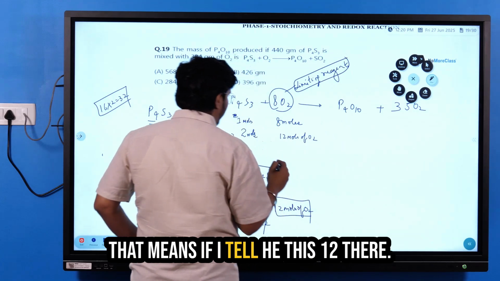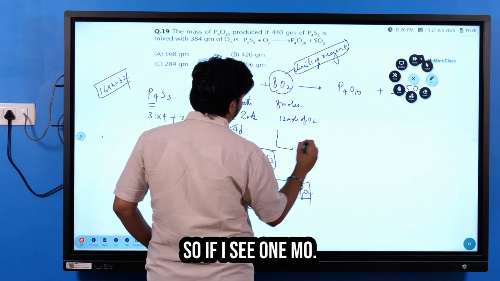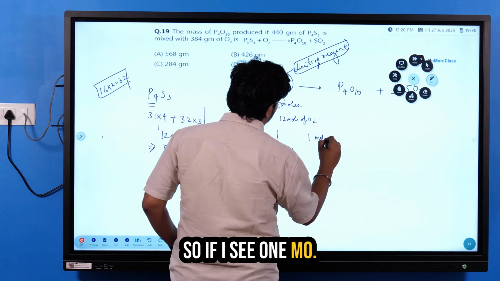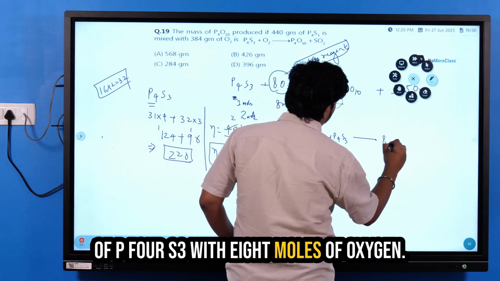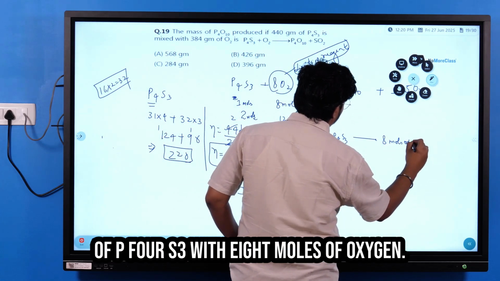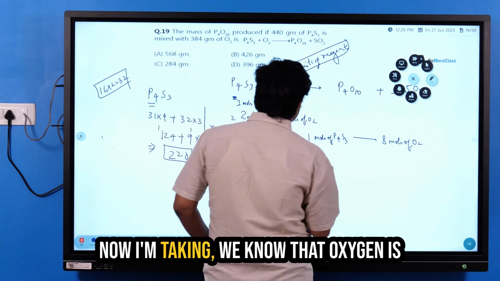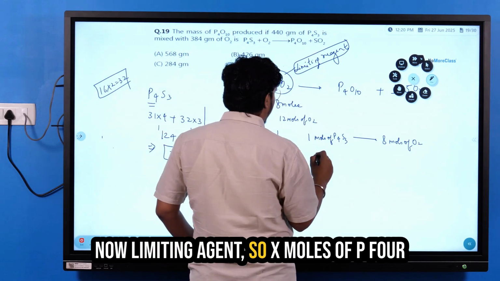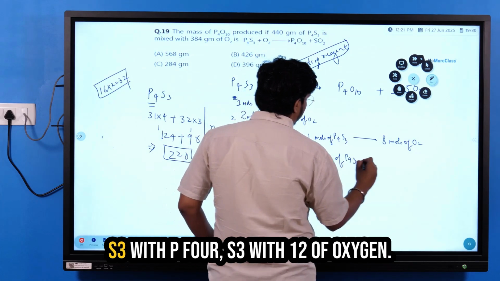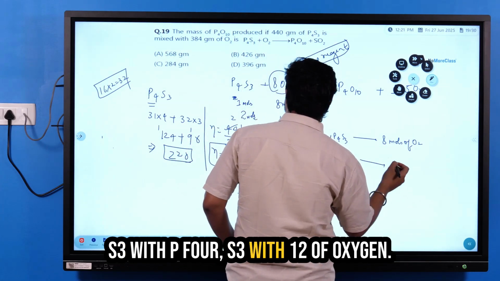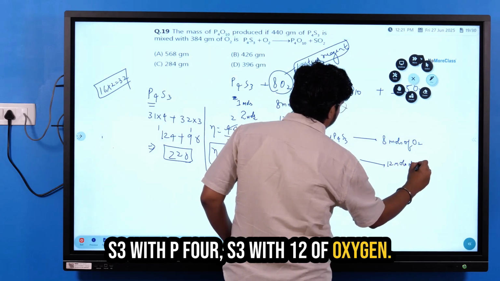Okay, this is clear from the stoichiometry. 1 mole of P₄S₃ reacts with 8 moles of oxygen. Now, we know that oxygen is the limiting reagent, so X moles of P₄S₃ react with 12 moles of oxygen.